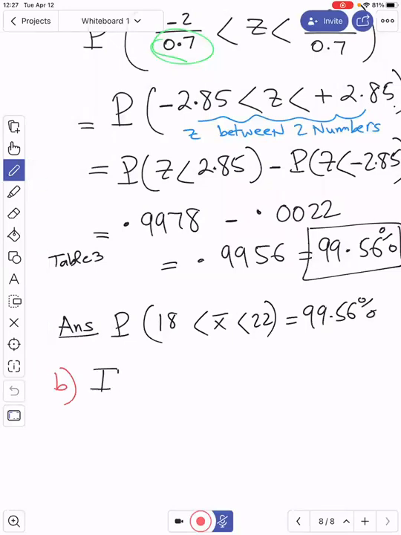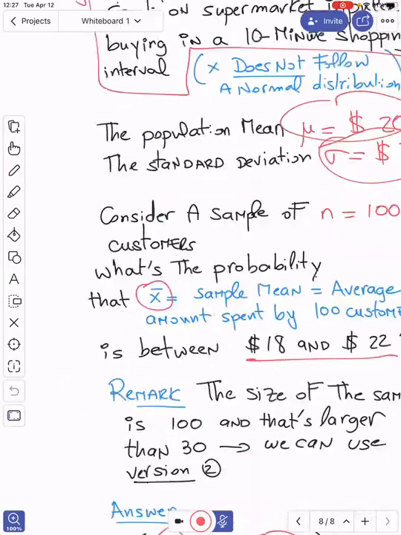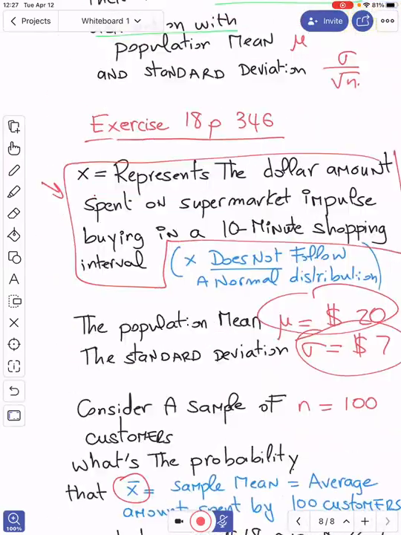Like in the first part of the exercise, let's say X represented the dollar amount spent on supermarket, etc., and X follows a normal distribution.